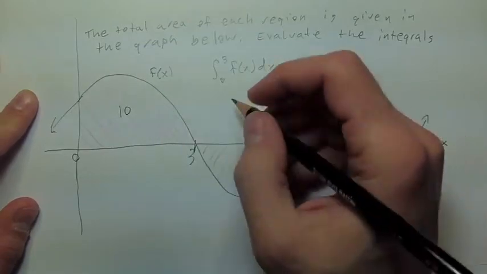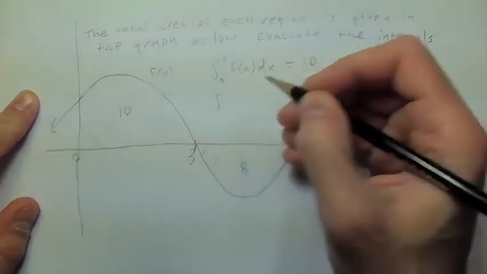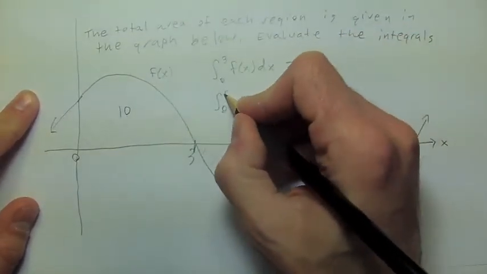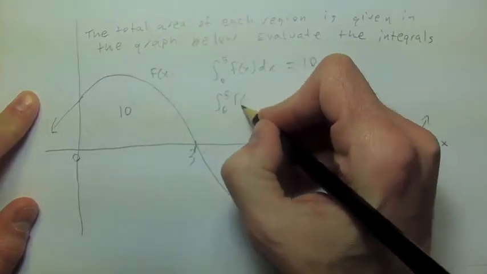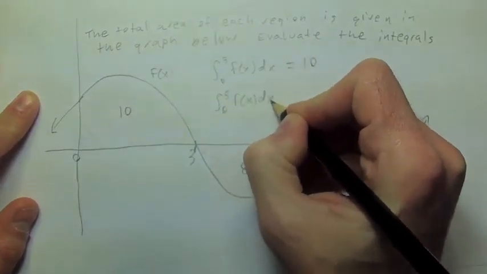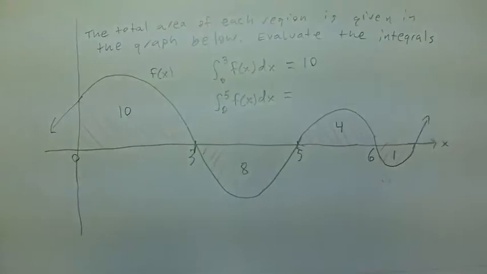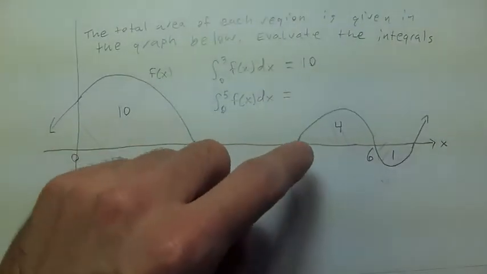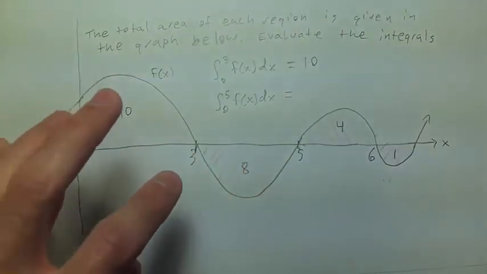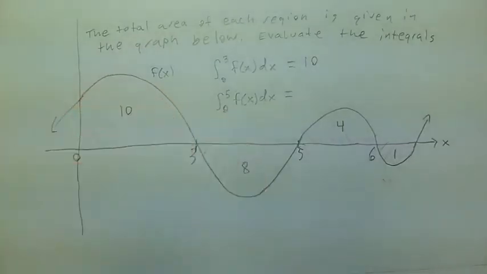But people tend to start having trouble when they say, let's do the integral from 0 to 5 of f of x dx. Well, it's basically going to be this area plus this one.